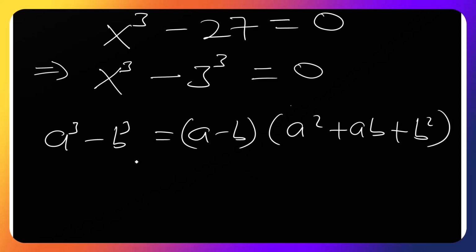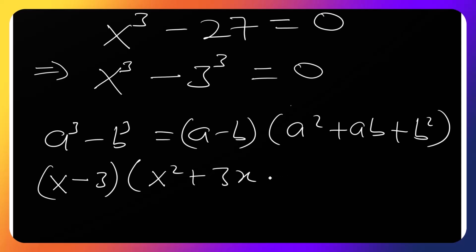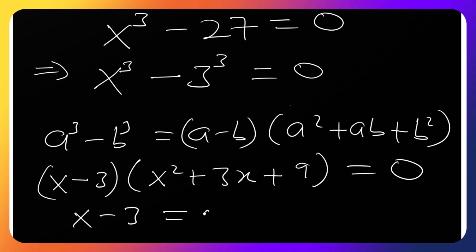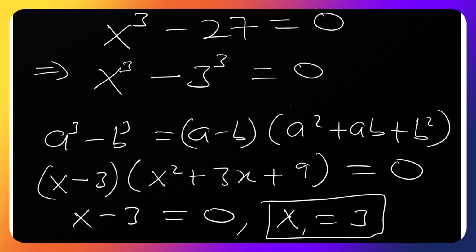Okay, so this one can be written as x minus 3 times x squared plus 3x plus 3 squared, so 9, equals 0. So with the zero product, x minus 3 equals 0. Therefore, the first answer is equal to 3. So we have the first answer.